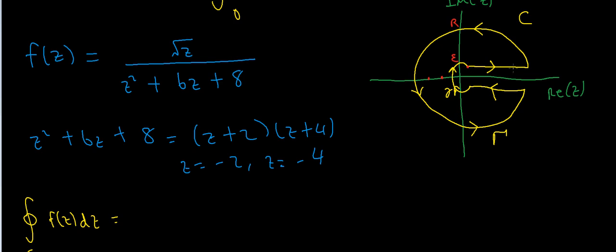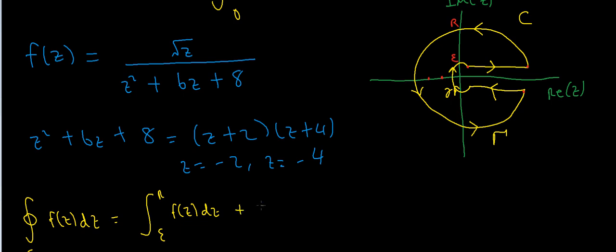So we're starting here and going here first, so that's an integral from epsilon to R. So I'm integrating from epsilon to R of f of z dz. Once I've reached that point, I go all the way around, so I go all the way around until I reach this point.